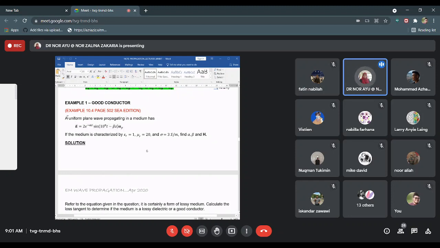Because in the question here, it does not mention whether this is lossy or lossless. If that is the case, you need to look into the equation. So if you look into this equation, E equals 2 e to the power of negative alpha z sine 10 to the power of 8 t minus beta z, and the direction is aY.